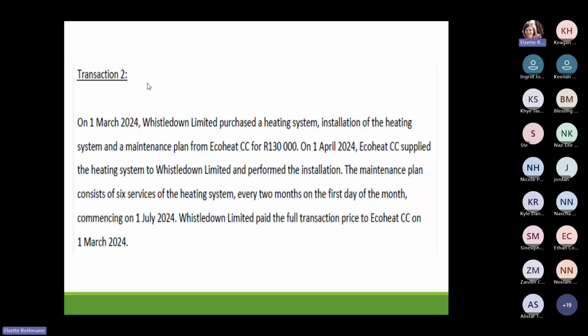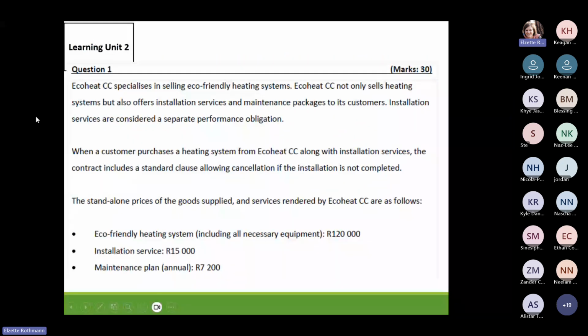Okay. So now, when they specifically tell you like this, at the beginning they purchase the heating system, the installation, and the maintenance plan, and they give you one price. Then you refer back to the question where they started, where they give you the standalone prices of the goods supplied as follows.